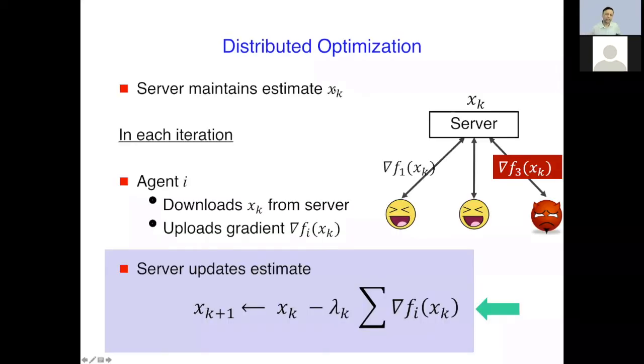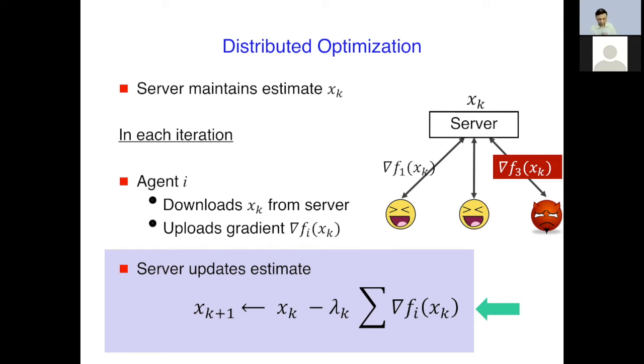So let's consider this algorithm that we have seen before. The server is trusted, and the server is maintaining the estimate xk. In each iteration, the estimate is sent from the server to all the agents, and the agents are supposed to upload their gradient, and then the server computes the next estimate.